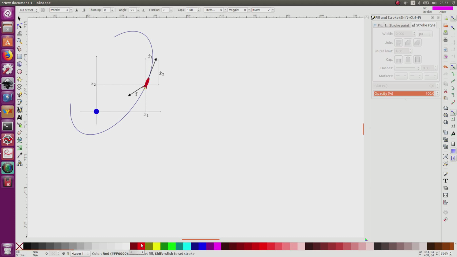The satellite is represented here in red and has a specific shape, like this. Due to its shape, and if we assume that it is not too far from the Earth, it is like a particle, and the orientation of the satellite, which looks like a rocket, is always in the direction of its speed.